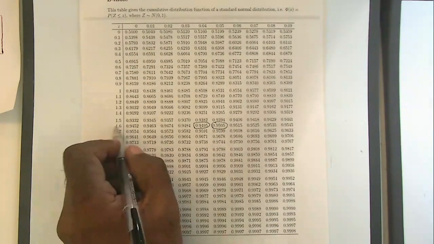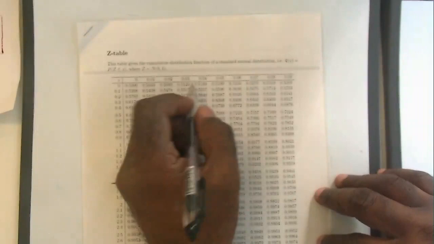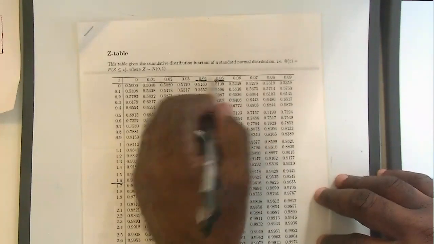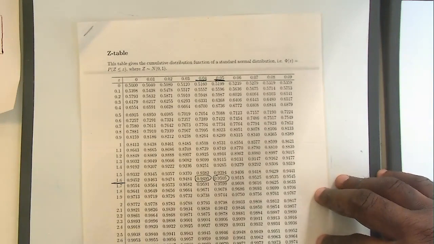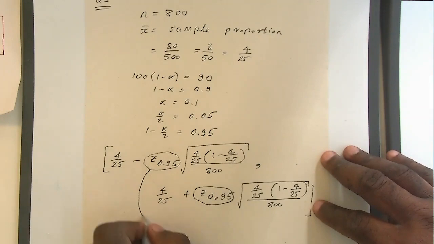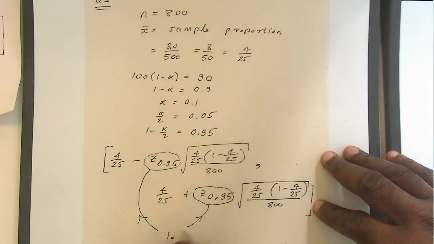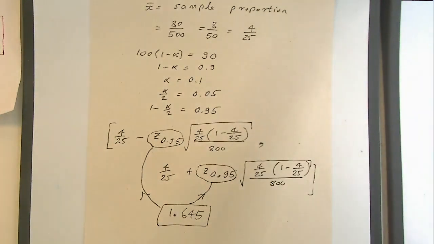So this is 1.6, 0.04 or 0.05. So it's halfway between 1.64 and 1.65. Okay? So this guy and this guy are equal to, alright, guys? Is that clear or not?